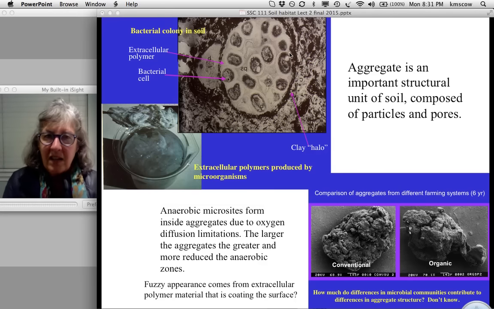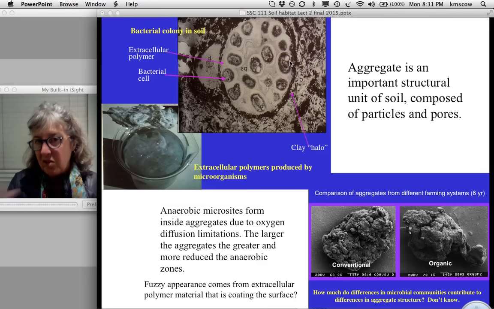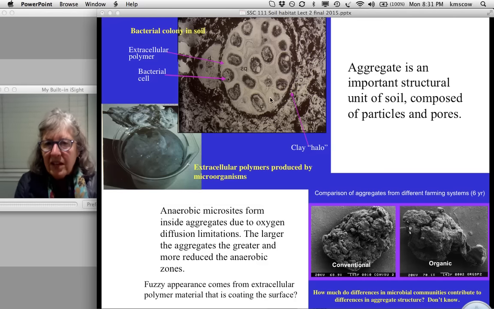And this kind of interaction between the clay and these extracellular polymers, and eventually these dead bacteria that are also going to decompose and go into making soil organic matter, this is how soil organic matter is made, by these interactions, because soil organic matter is really soil organo-mineral matter. I think this is just a beautiful picture that lets you really think about how this is actually happening at the scale of the microbes.